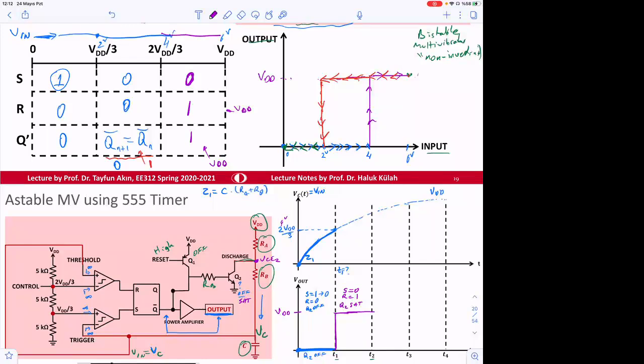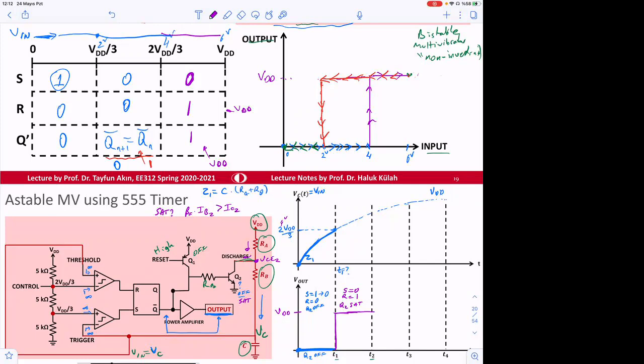Can it become SAT? We need to be sure that the current coming from here, which will go to this branch, is not too much, because then it cannot go to SAT, right? What was the SAT condition? Beta forward times I base of 2 should be larger than IC2.